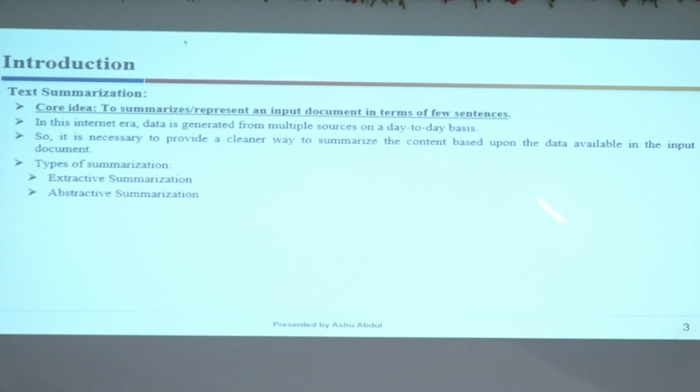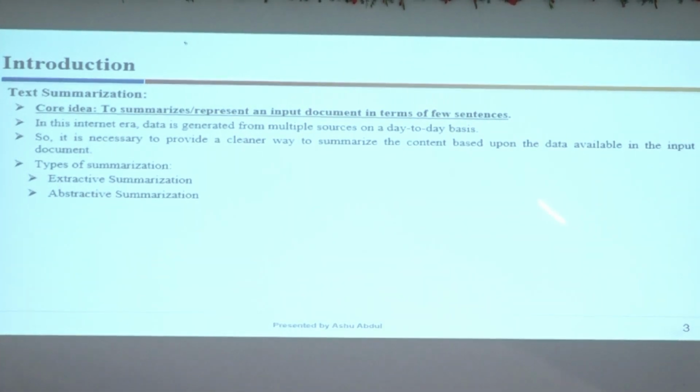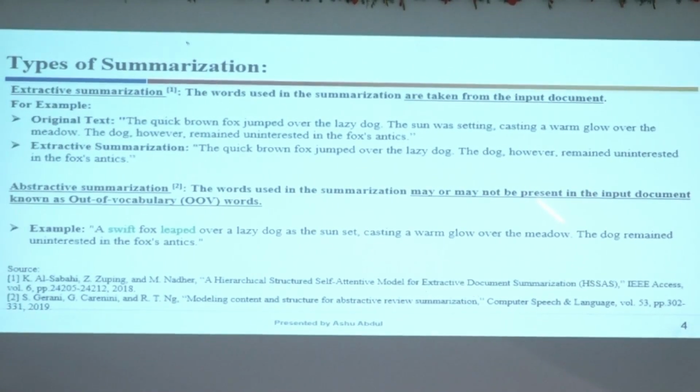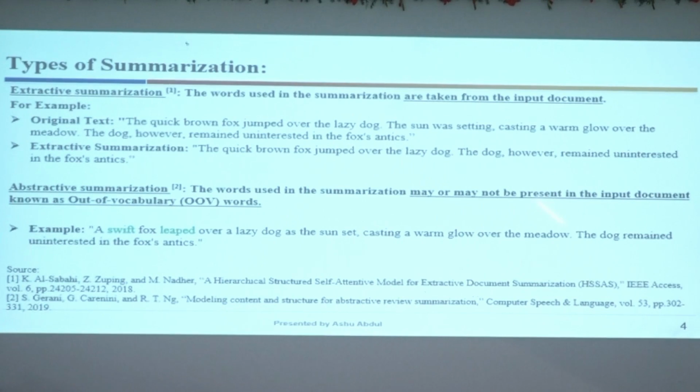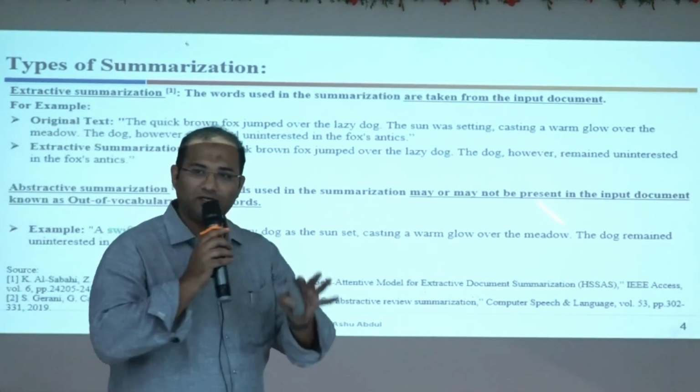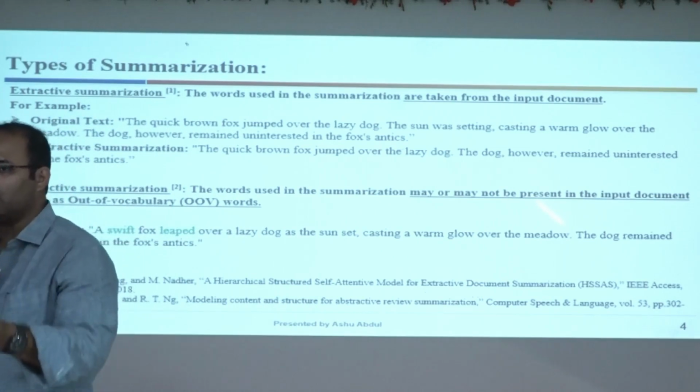Summarization is divided into two types: extractive summarization and abstractive summarization. Extractive summarization means the content of the generated summary is completely taken from the given document. The words and sentences are completely present in the input document.